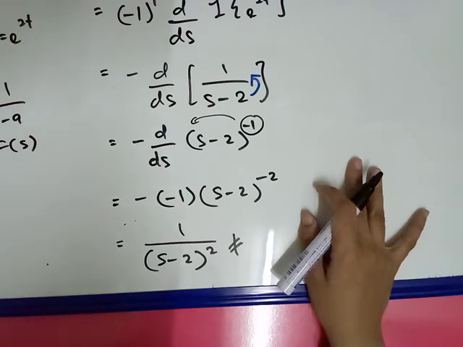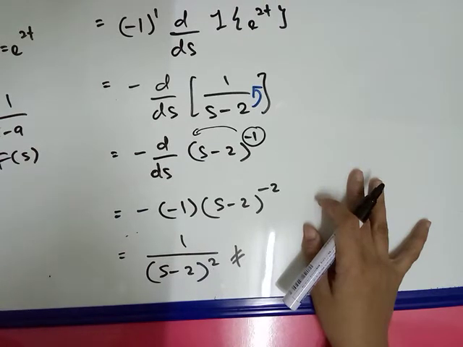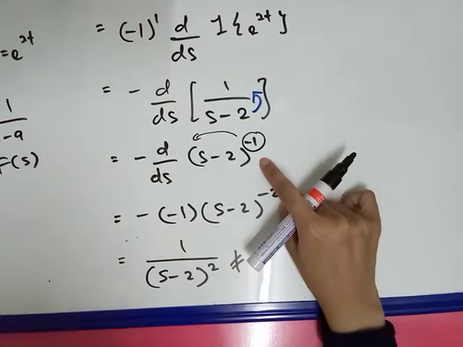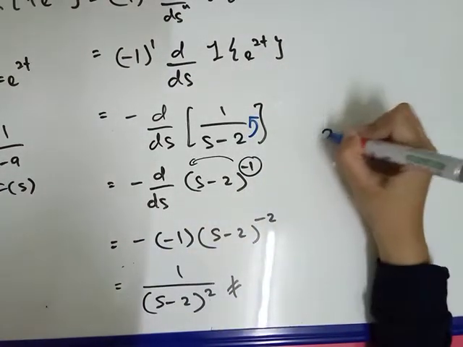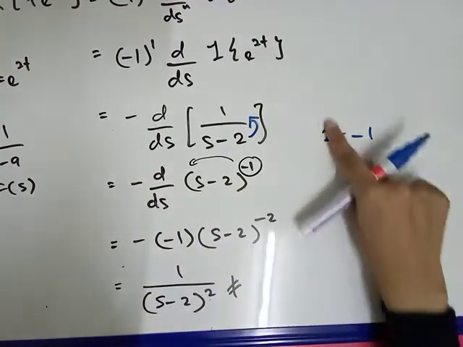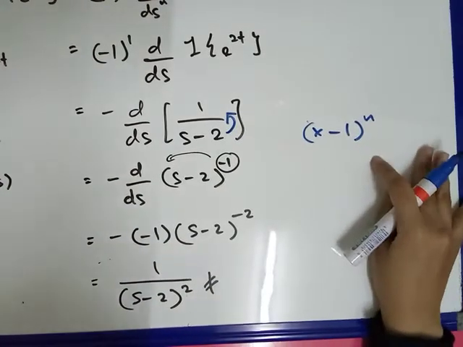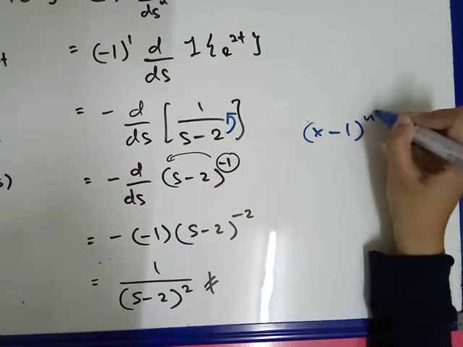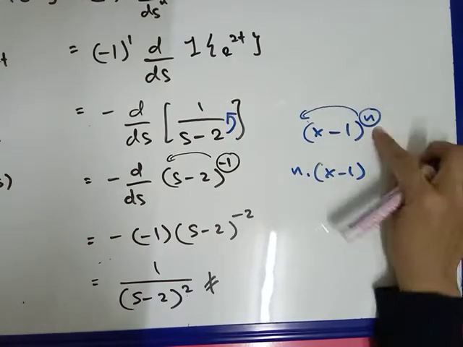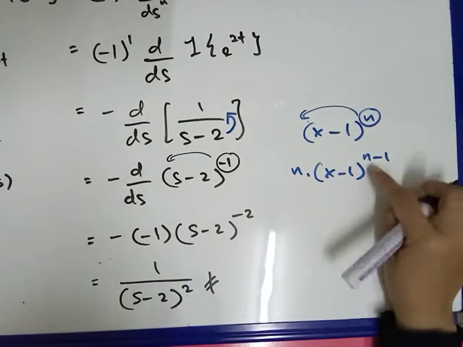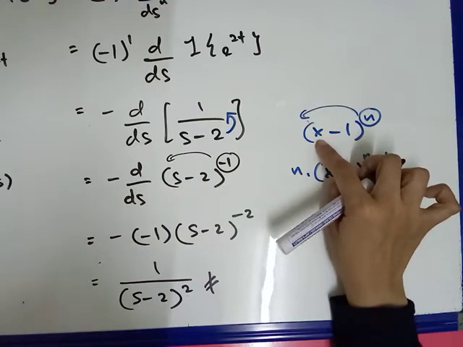Did you get it? If anyone does not understand the concept of this differentiation, let's recall. Let's say we have x minus 1 to the power n. To differentiate, n comes in front, multiplied with x minus 1 to the power n minus 1, and then differentiate the inside with respect to x: differentiating x, we get 1.